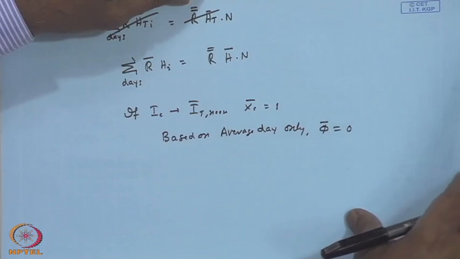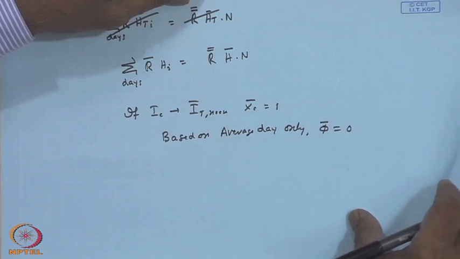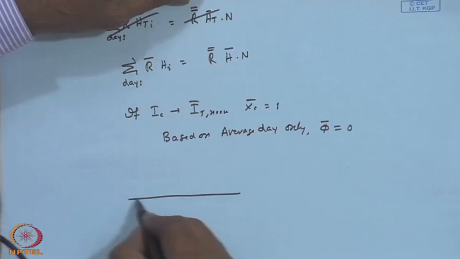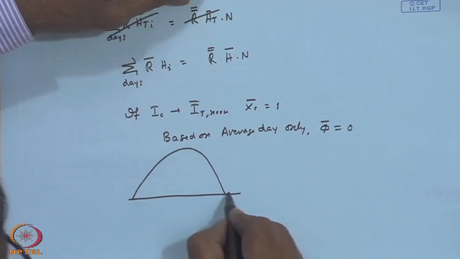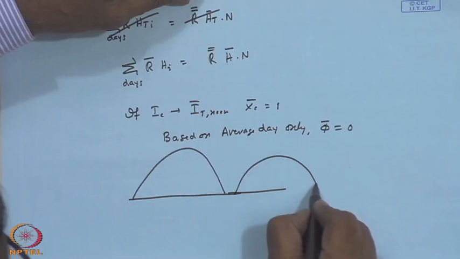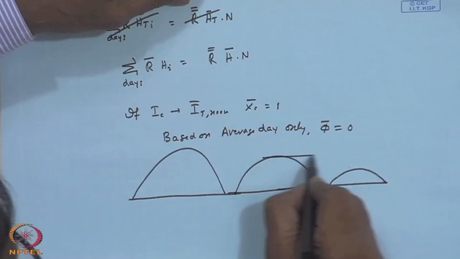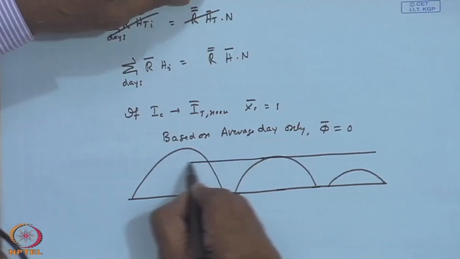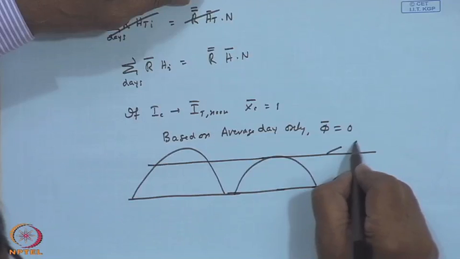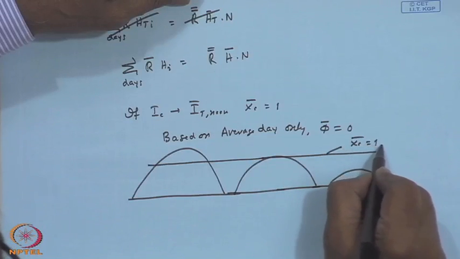Like the 3 diagrams I am showing, this is the average day, and this is x c bar equal to 1.